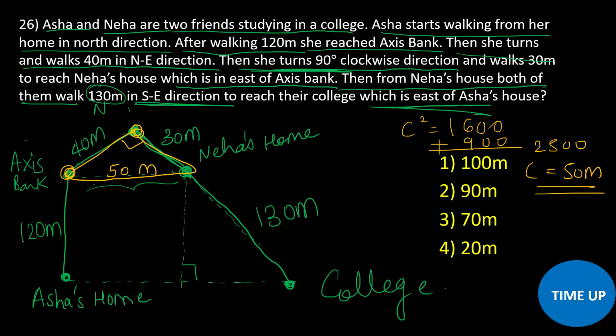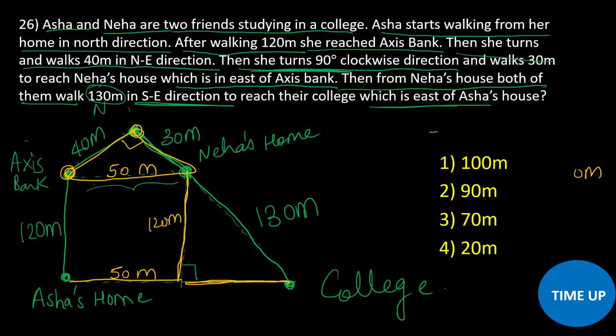If this is 50 meter, opposite sides of a rectangle, 50 meter will be here. Now this side we need to find out. Okay, this side will be 120 meter. Now this you have to find out again. So second time you will use the Pythagoras theorem.